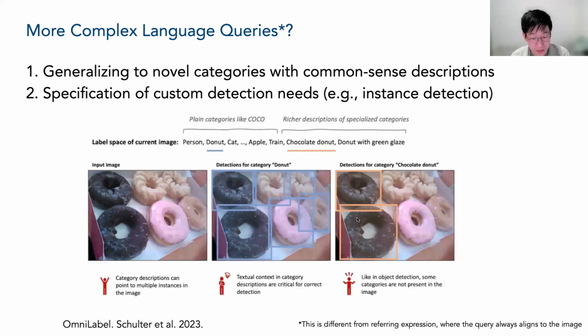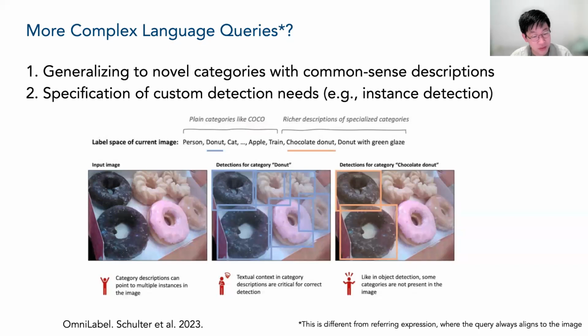And the second use case, which happens to be a challenge this year at CVPR, is that you can use it to specify your custom detection needs by giving more detailed specifications. Say this is a box of donuts.